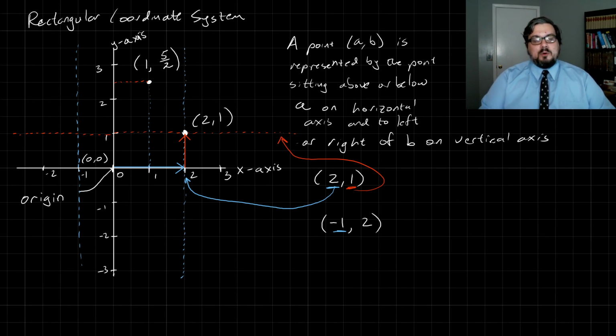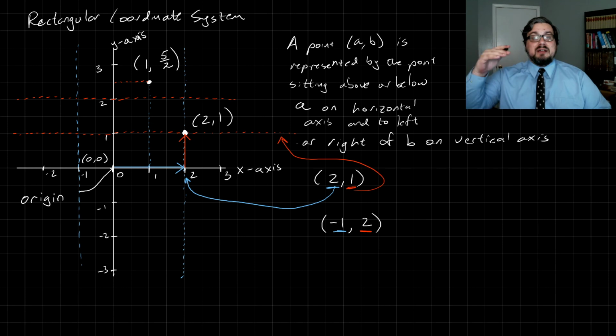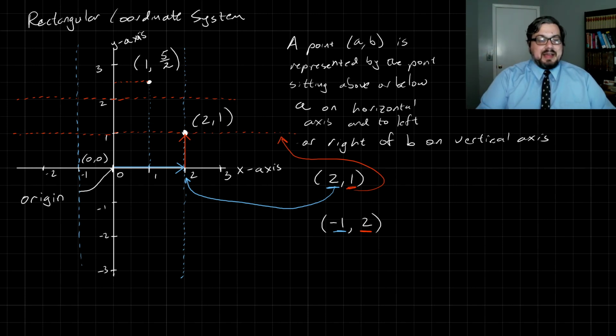And we want to find the point on the vertical line at -1 that has a y coordinate of 2. So we're looking for something that has a height of 2, or in other words, is at the vertical level of 2, sits 2 units above the x-axis. And so that gives us this point right here is the point -1, 2.